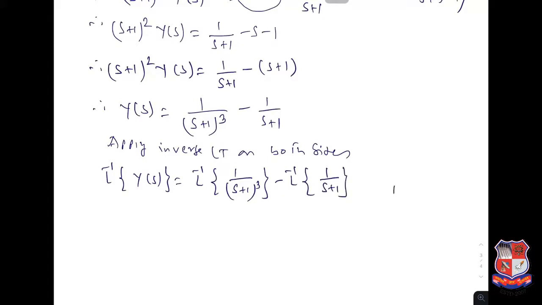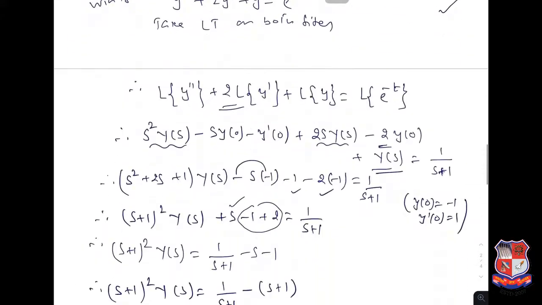We have just seen that the inverse Laplace transform of 1 over (s minus a) equals e power at, and the inverse Laplace transform of 1 over (s minus a) power n plus 1 equals e power at times t power n upon n factorial.